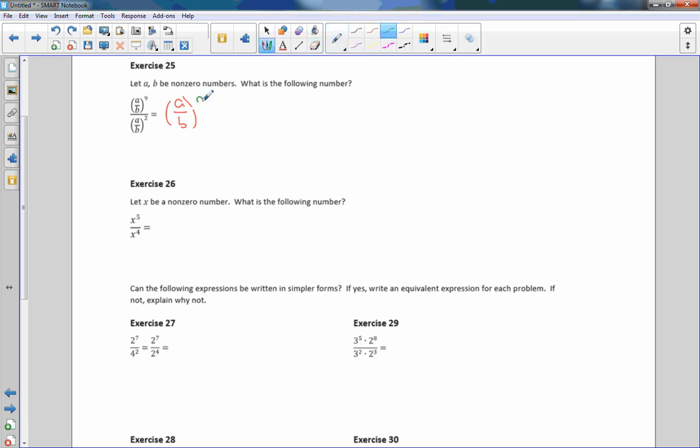That is going to equal A divided by B to the 7th power.